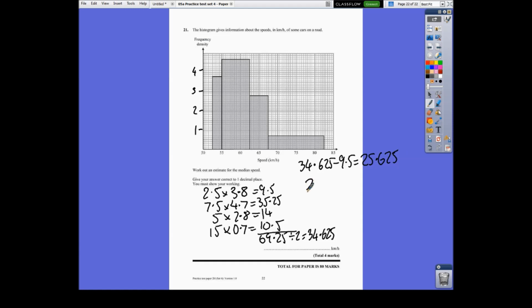So if we do 25.625 divided by 4.7, the height of the bar, that would tell us that we need to be 5.3 kilometres an hour along that bar. So the start of that bar was at 55, so we need to do 55 plus 5.3, which tells us that the median speed was 60.3 kilometres an hour.